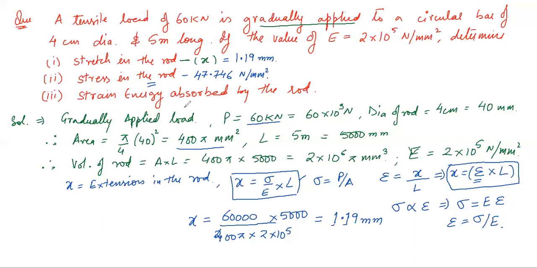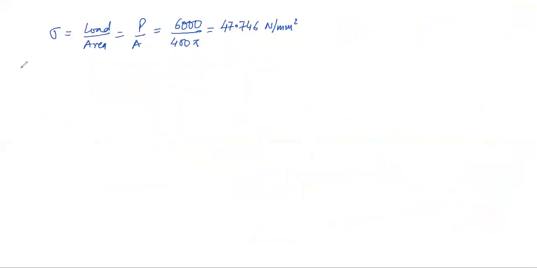The last part is the strain energy absorbed by the rod. The third one, the strain energy. How much strain energy is absorbed in the body? It is represented by U, and the strain energy is defined as sigma square by 2E into the volume of the rod.